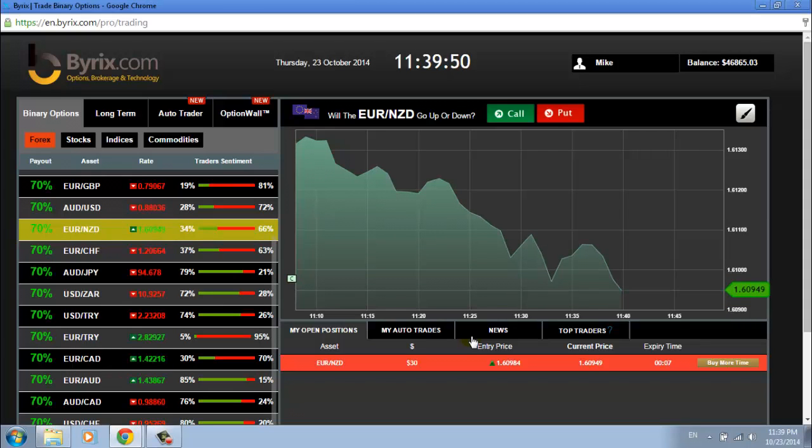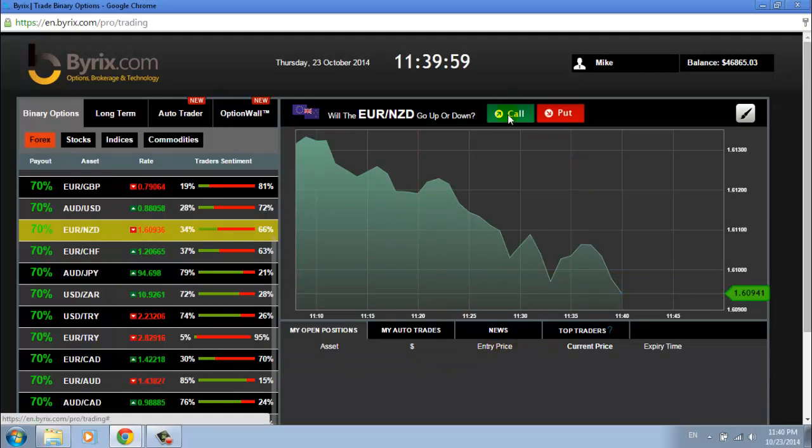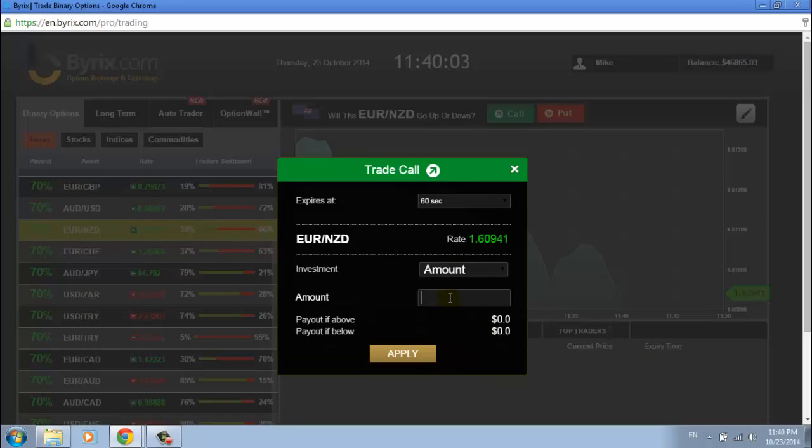We got about 8 seconds left. Let's wait and see how that trade comes out. All right, so it's an unprofitable trade. Great. Again, press on the green button. Choose the amount. Now we're going $90.